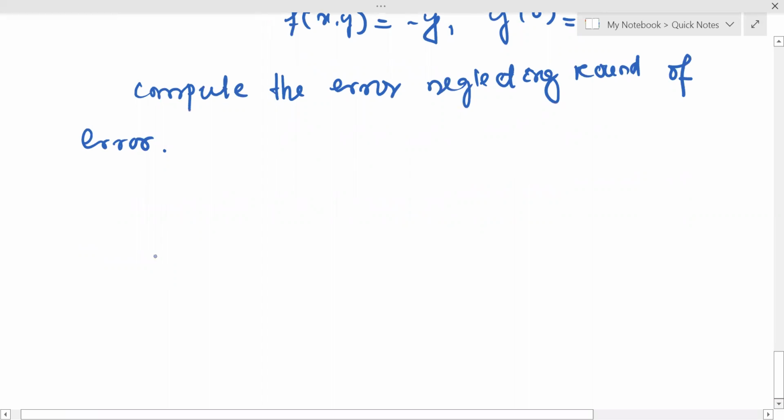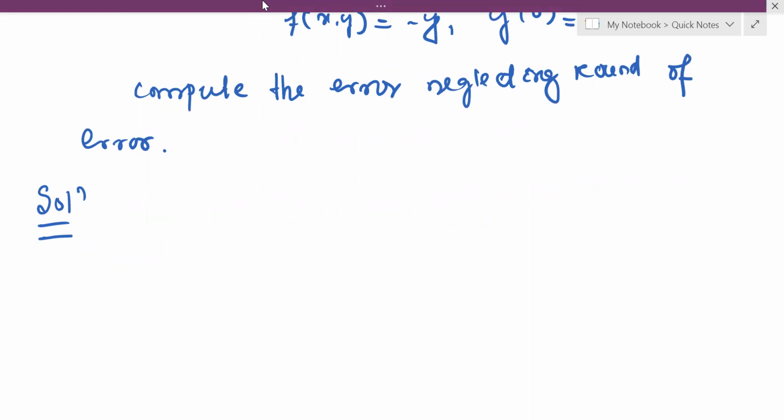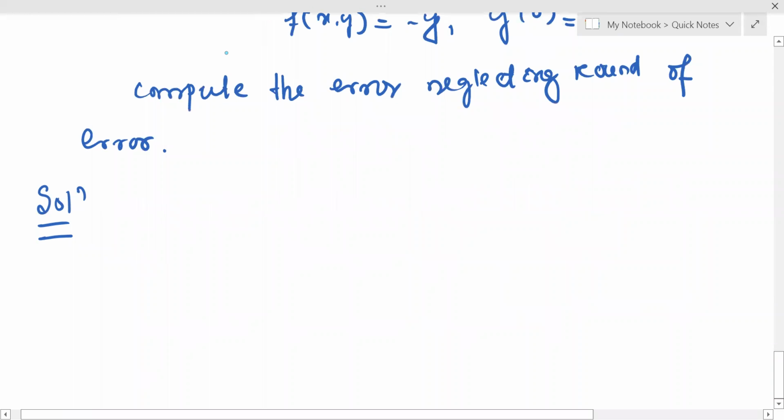Okay, so just we find the solution of this problem. Here it is given that f of x, y is the value of minus y, and the condition given is y0 is equal to 1.